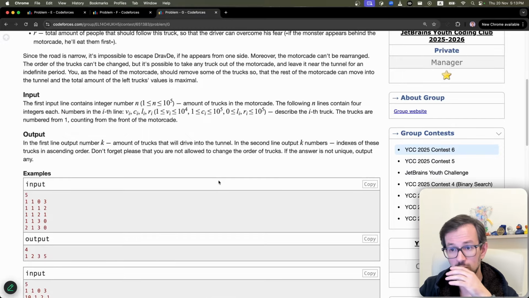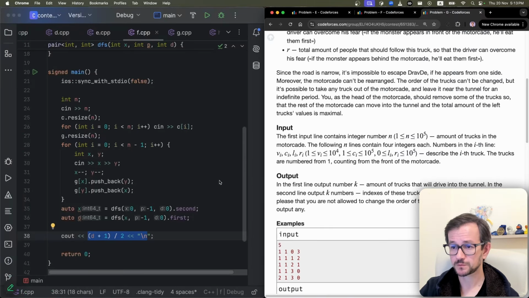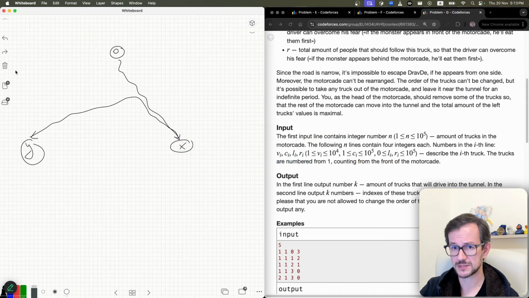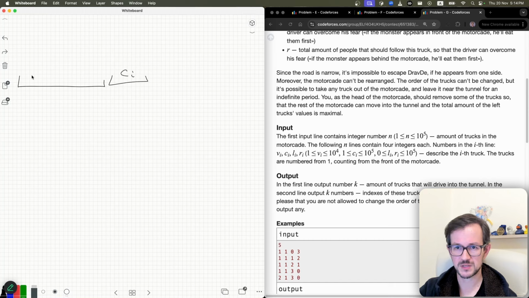So how to solve this problem? This problem is actually a little bit easier than the problem I solved first. First of all, what do we have? We have some buses. For every bus, we know the number of people in this bus, Ci, the number of people before this bus, Li, and the number of people after this bus, Ri.